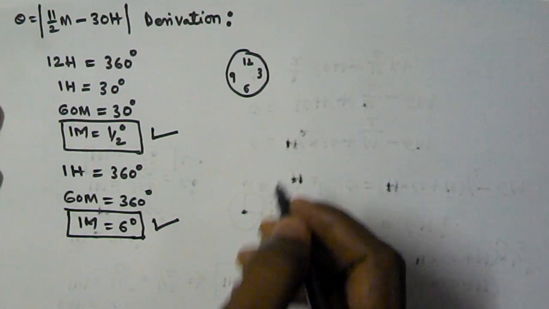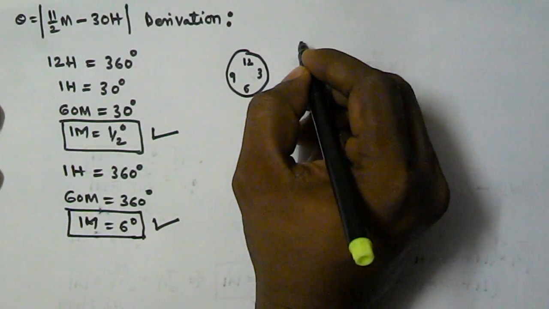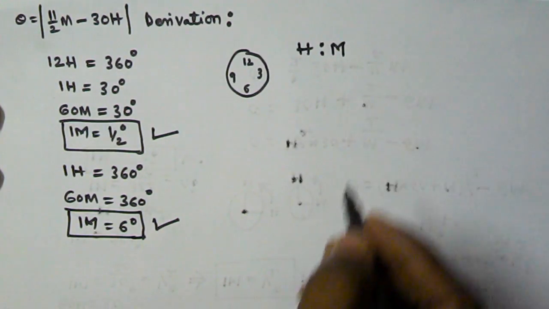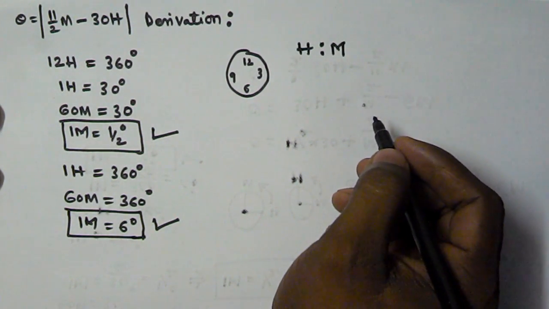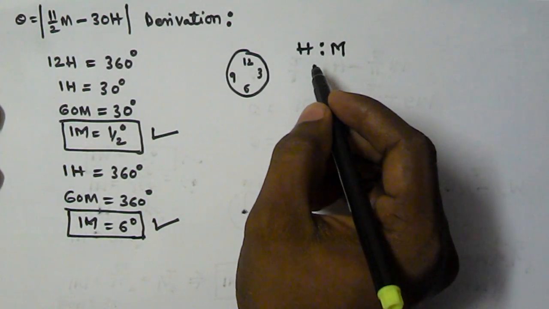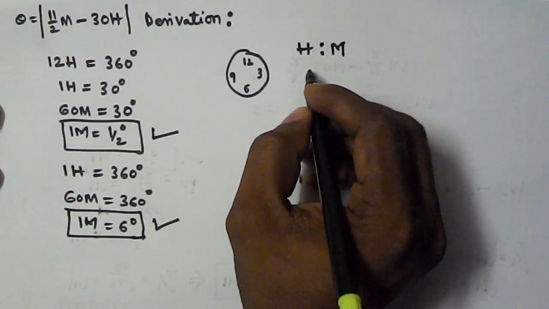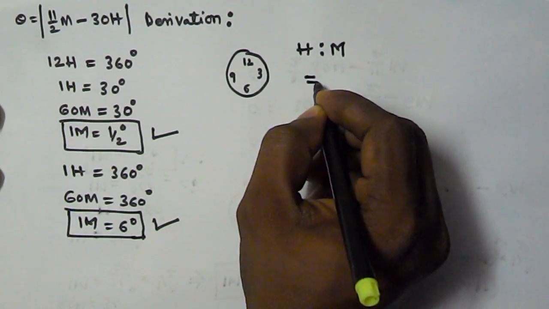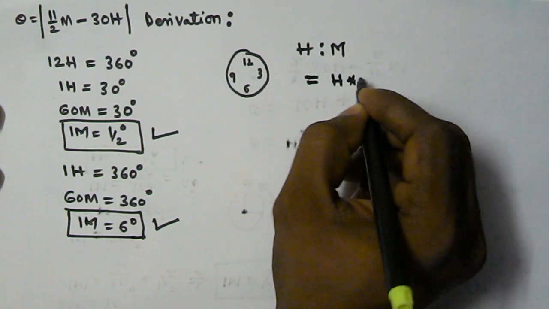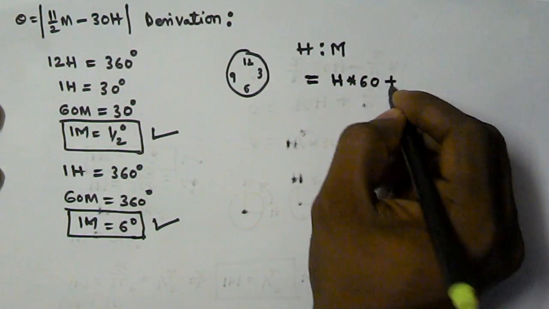Now let's find the angle between the two hands. Let us assume the current time is h hours m minutes. Now let us find how many minutes are traveled by the hour hand in h hours m minutes. The total minutes traveled by the hour hand is given by, we convert these h hours into minutes, that is h into 60, because each hour contains 60 minutes, plus the given minutes m.